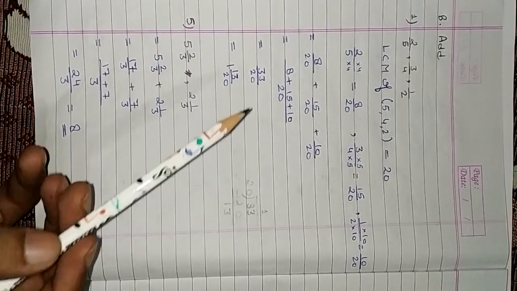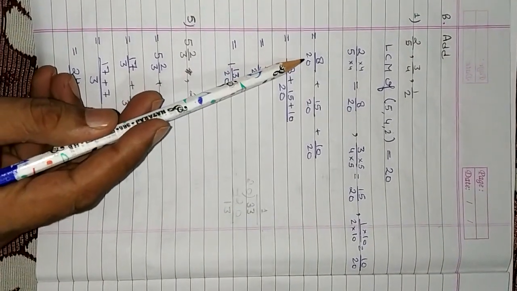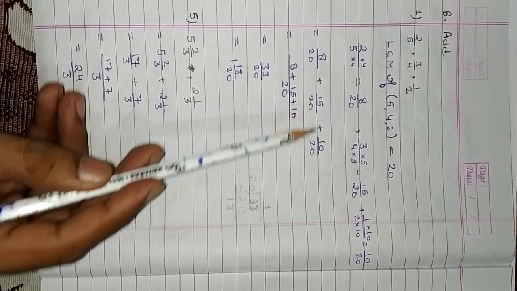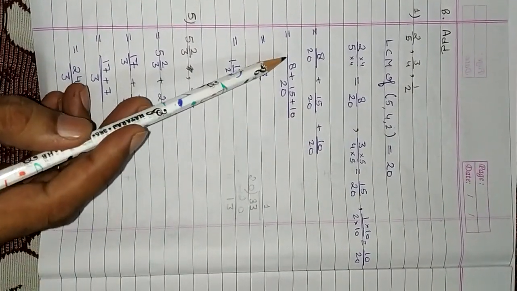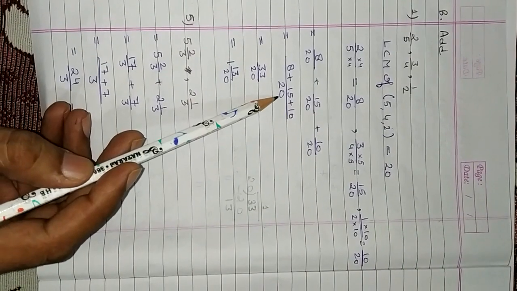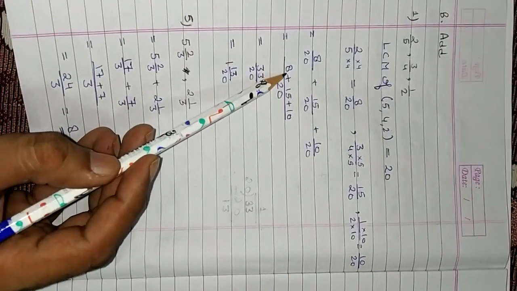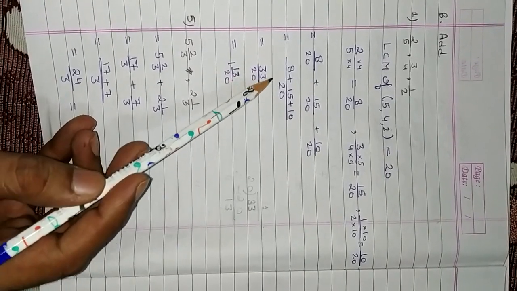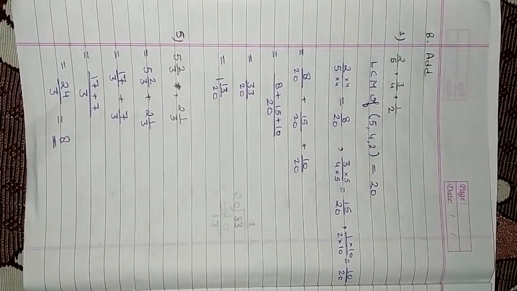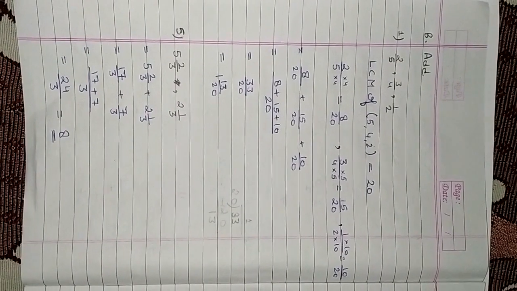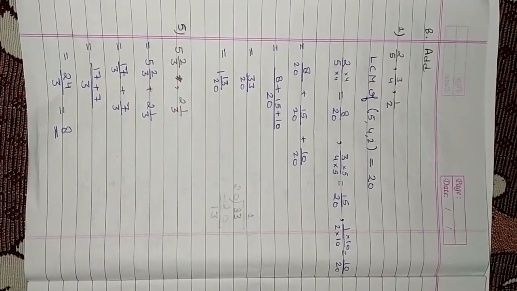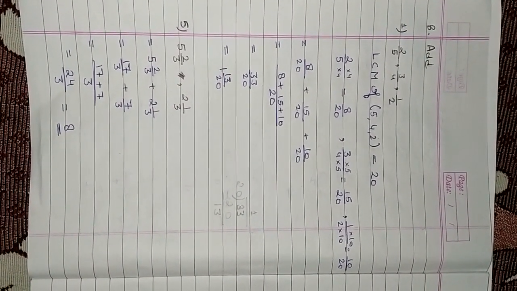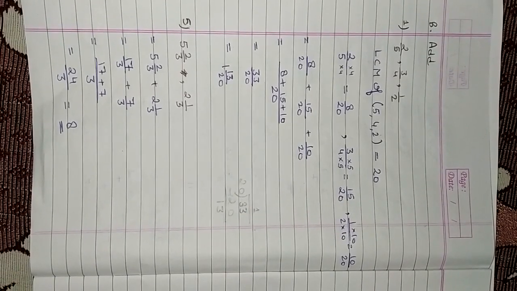Now we can add these fractions. 8 by 20, 15 by 20 and 10 by 20. Write the denominator once. Now 8 plus 15 plus 10, 33 by 20. This fraction is an improper fraction. Improper fractions are those fractions in which the numerator is greater than the denominator.